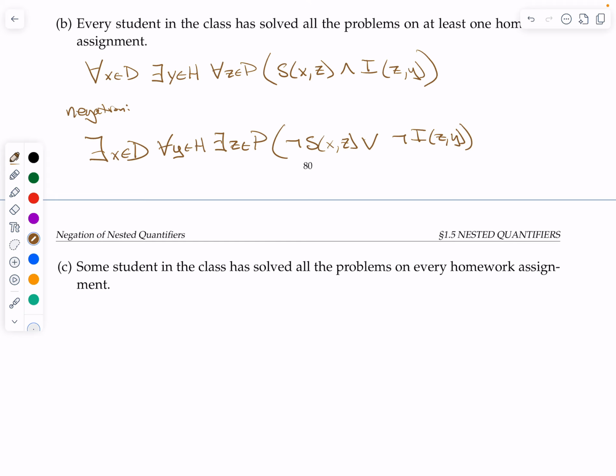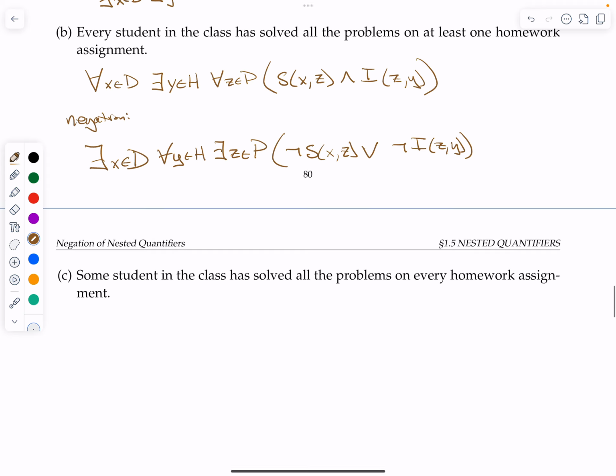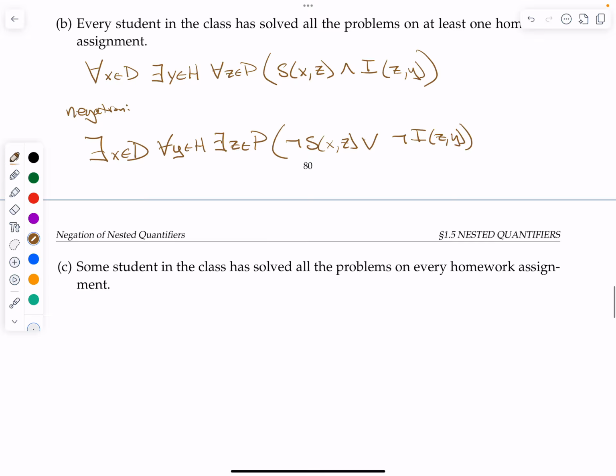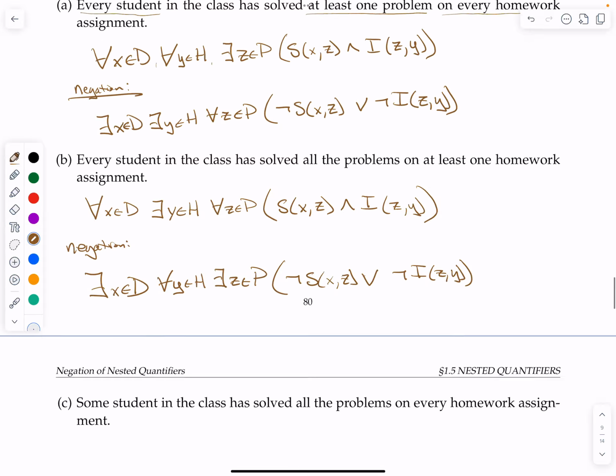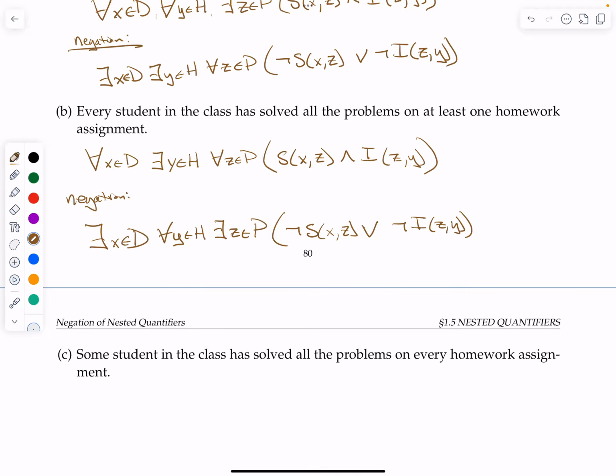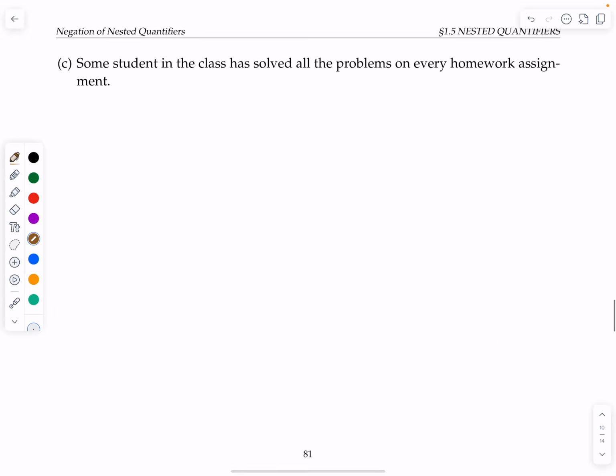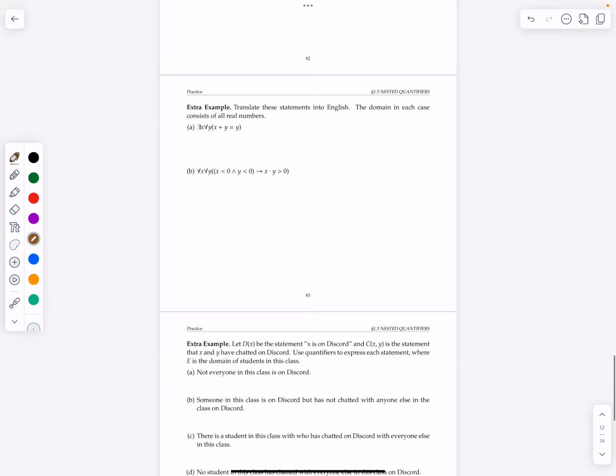In plain English, this would be that there is a student who, for every homework assignment, there is at least one problem on that assignment that this student has not solved, essentially. That's what this says. So, yeah, in other words, okay. Is this it? No, there's more.